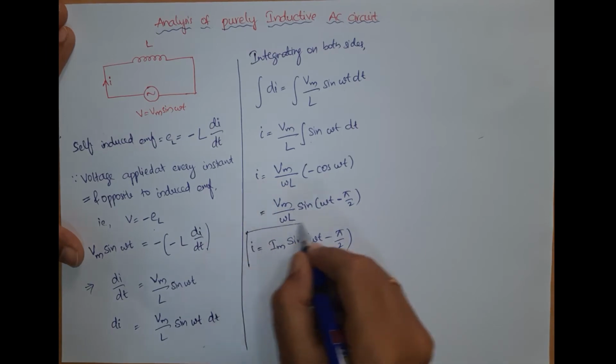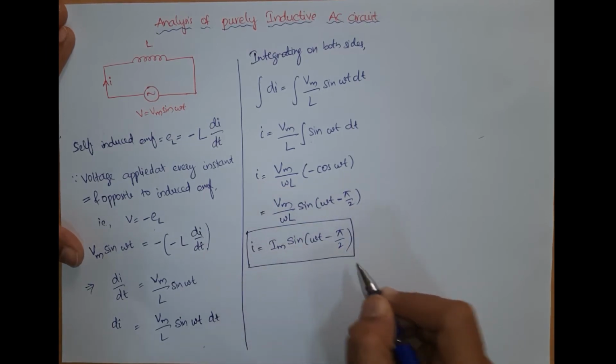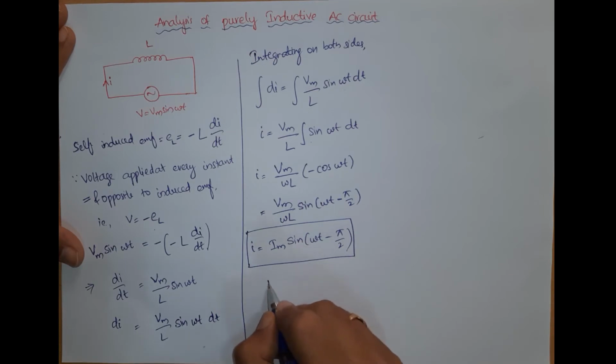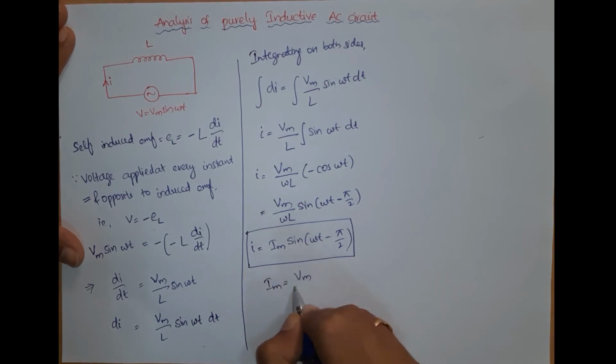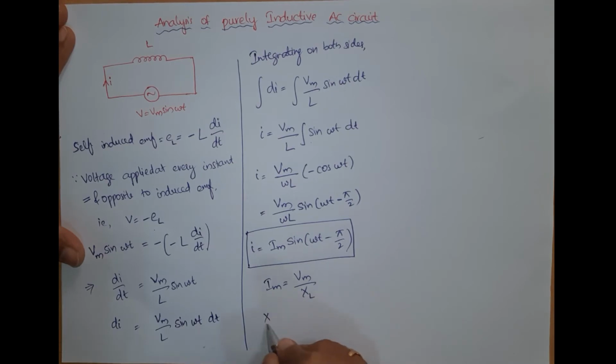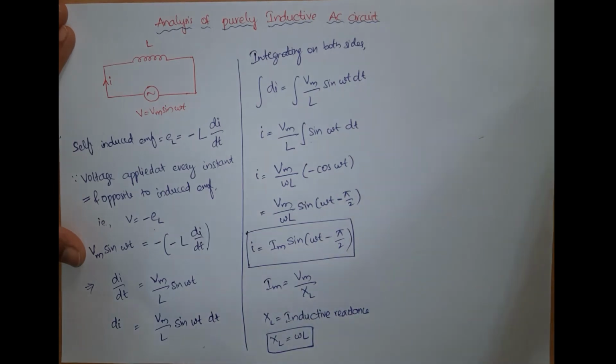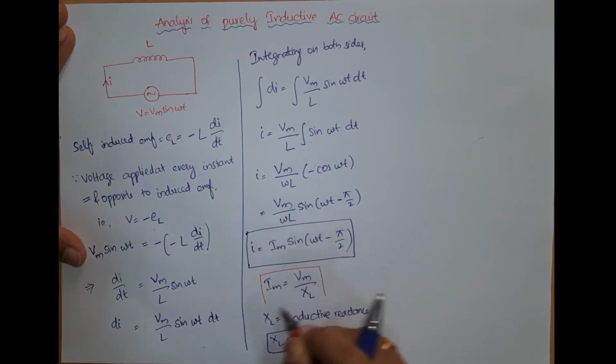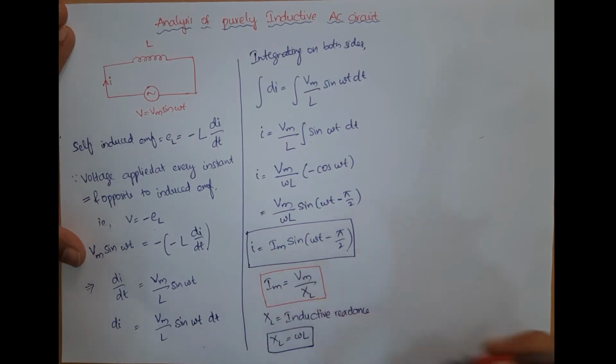This is the equation for my current flowing through the inductor, where Im is Vm by XL, where XL is called inductive reactance. XL is given by omega L. So this is about the current flowing through the pure inductive circuit.